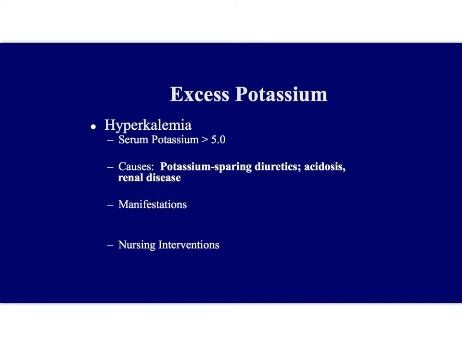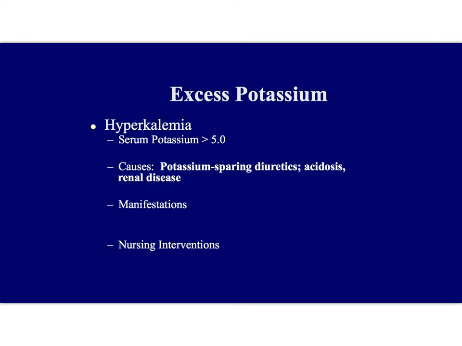The kidneys aren't working, they can't excrete the potassium, so they have an elevated potassium level. Too many salt substitutes, which are made of potassium, could cause hyperkalemia. That'd be a lot of salt substitutes. Then if you have an issue with high glucose levels, and we'll talk about that with metabolic acidosis, that can cause a change in your potassium levels because glucose attracts potassium. And we'll talk about that more in the metabolic acidosis acid-base section.